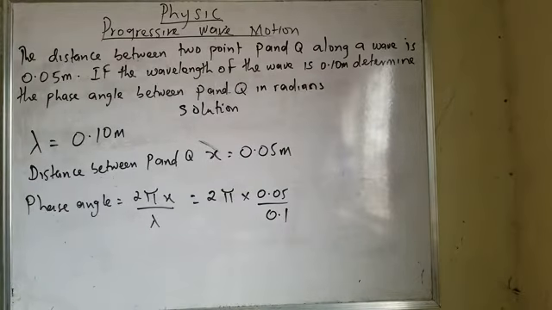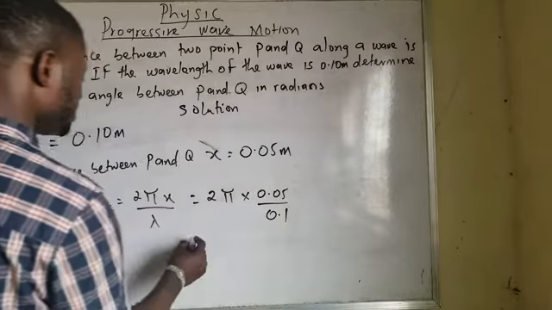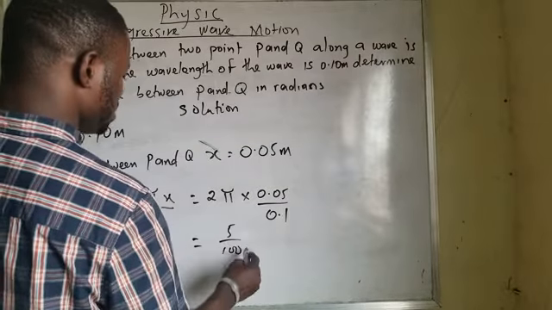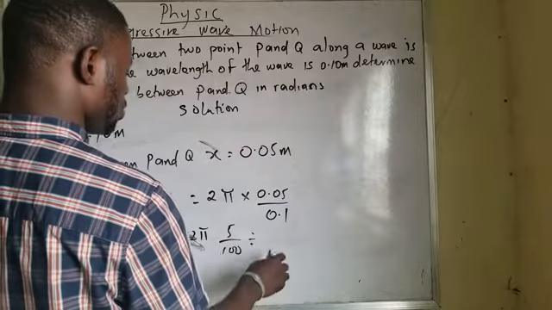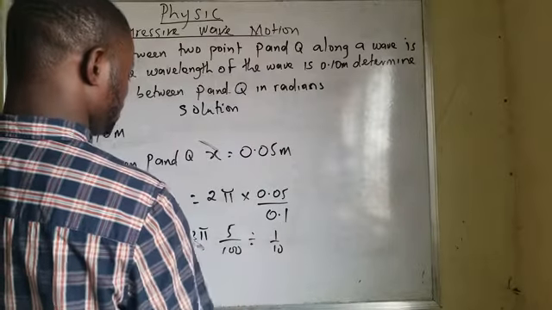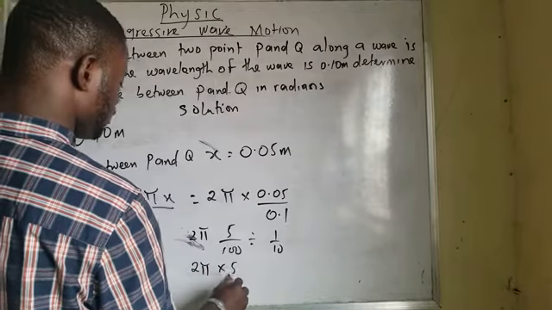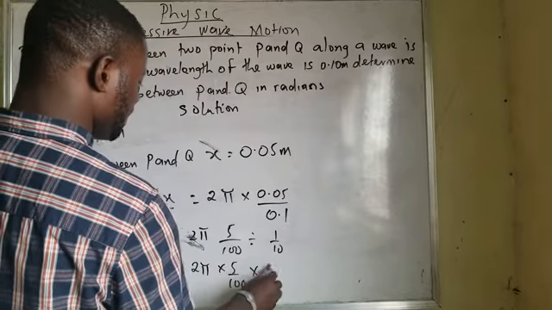Now, since I have that, I can reduce everything to 5 divided by 100, which is 2 lambda divided by 1 divided by 10, which gives 2 lambda multiplied by 5 over 1 multiplied by 10.